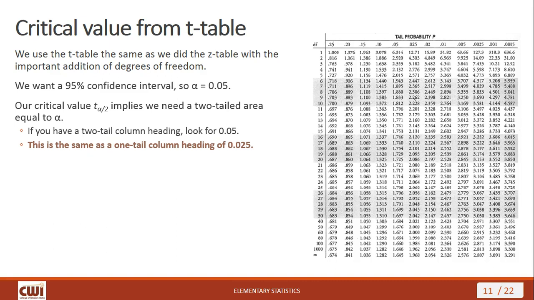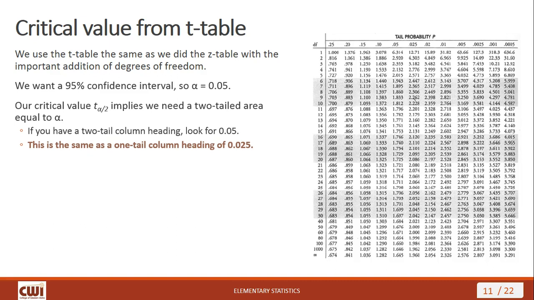We don't know what we have up at the top because it's not listed. Generally, when you see that, what you're looking at is a one-tail column heading. So many t-score tables actually have both headings at the top. They have one line that lists the two-tail column headings and then another line that lists the one-tail column headings.